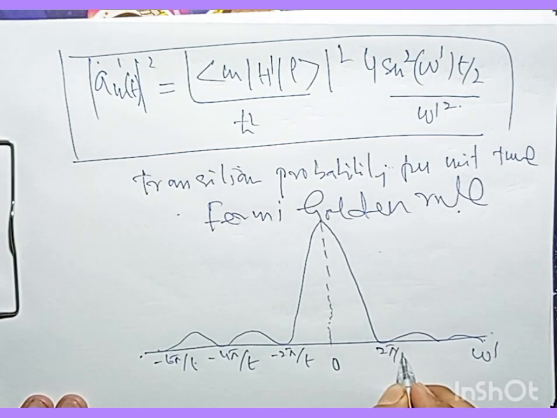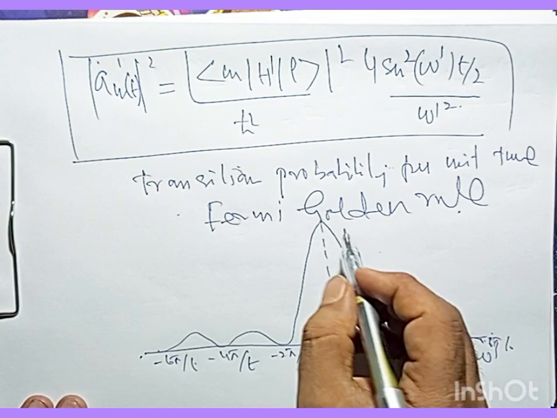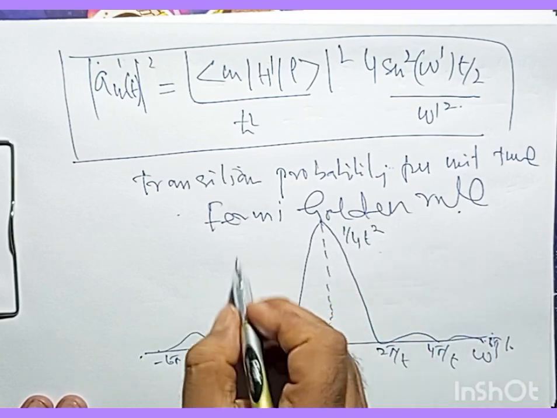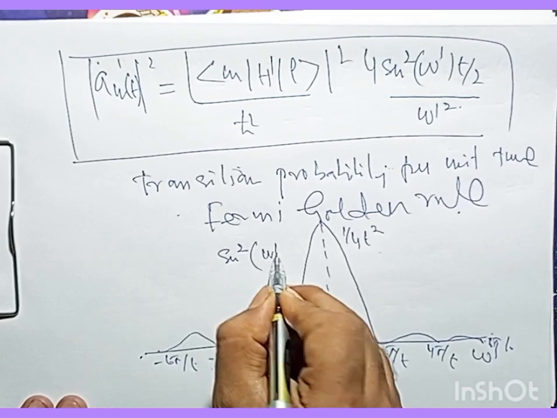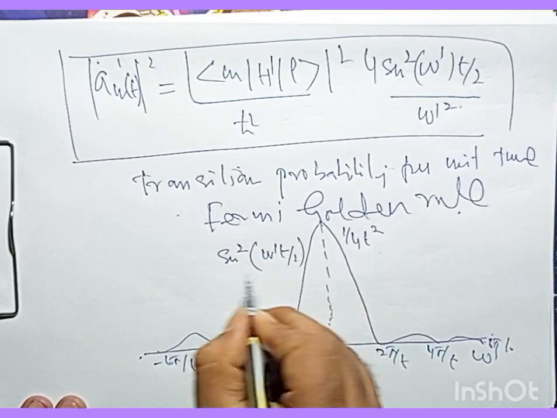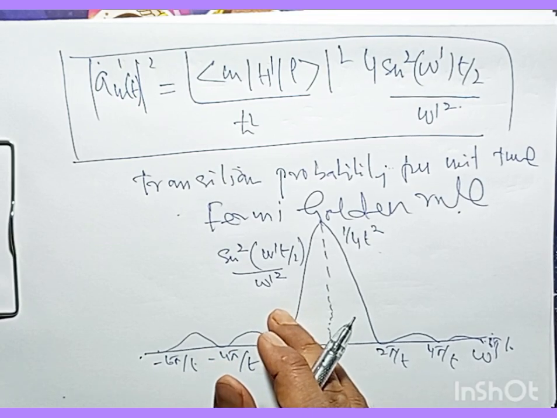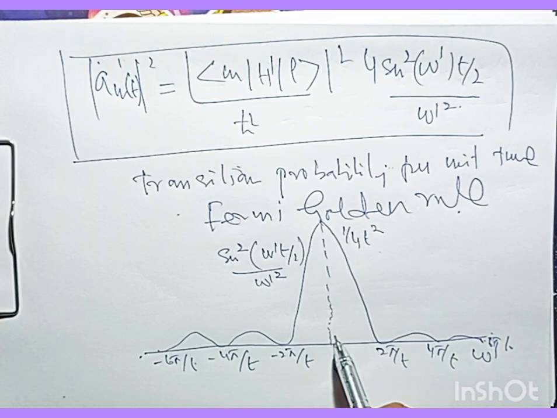So this is 2 pi by t, this is 4 pi by t, and this is 6 pi by t, and here we have a 1 by 4 t square dependence, and this is my sin square of omega dash t by 2 divided by omega dash square. So what we have here is a plot between this function and omega dash, a function which enters the calculation of the typical time dependent perturbation problem.